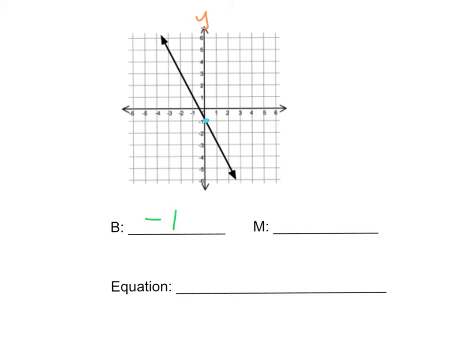Now, to find the slope, remember we said slope is rise over run. So let's find good points on the line, good intersection points. As I move down the line, I see right there, that looks like a pretty good lattice point. And right here, and right there.